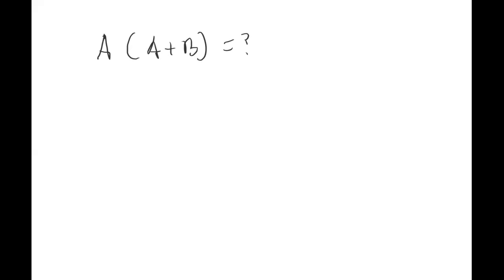Would it just be AA plus AB? AA plus AB. That's true. But what is A times A? Just A. That's A. And can I factor A out from this expression?